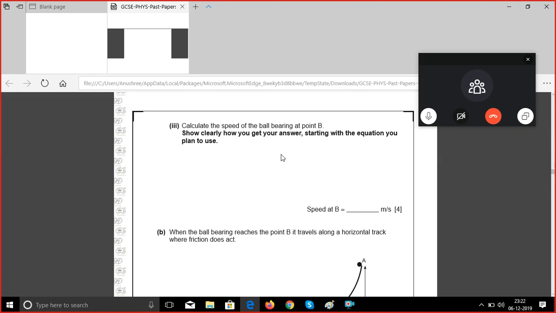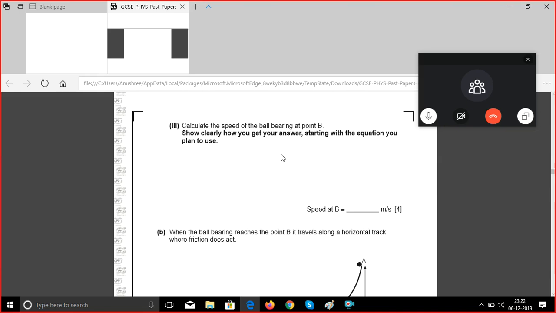So we need to use the formula for the kinetic energy, which is a half mv squared. So KE equals a half mv squared.